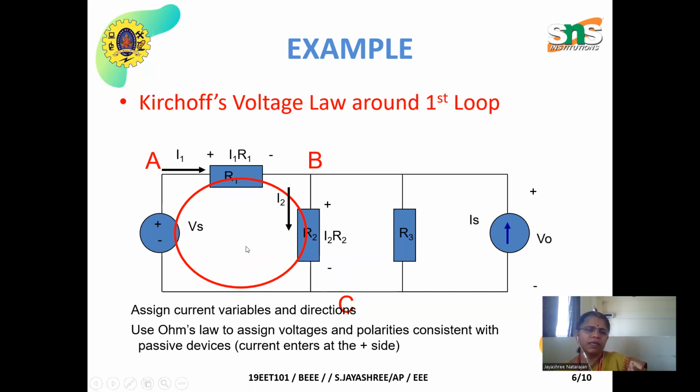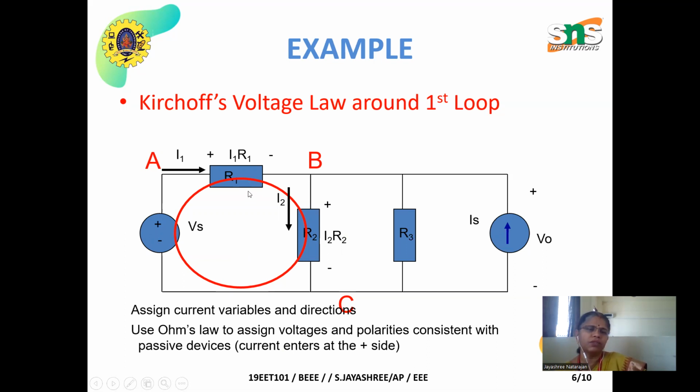Right. So we'll take the first loop. In the first loop, there is one voltage source, Vs, which we call a voltage rise. It gives energy to this circuit. It energizes the circuit. So this Vs, otherwise a battery, is the voltage source in this loop.